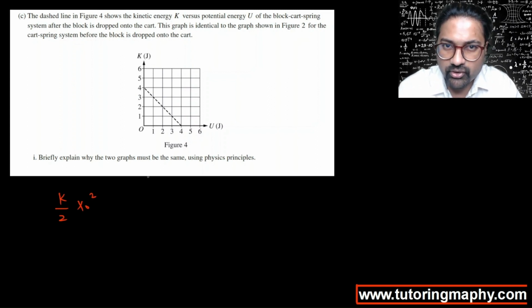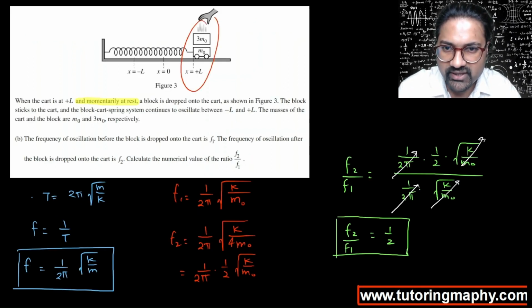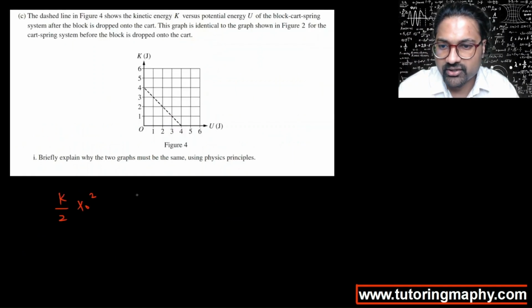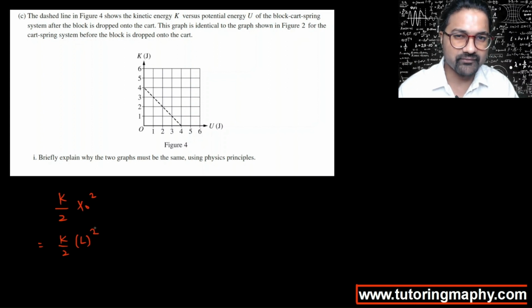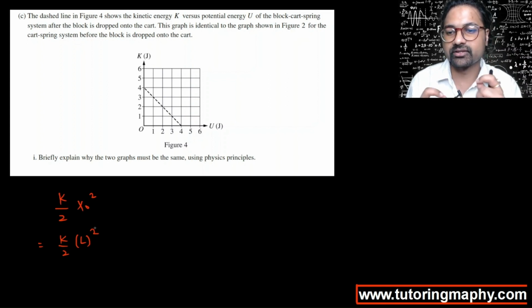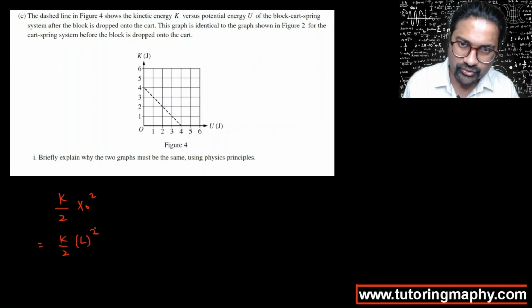And what is x naught? x naught is L, because this thing happens at x equal to L. So don't you think still after dropping, just at that instant, the total energy is K over 2 times L squared? And isn't this the same as the previous one, where the potential energy is K over 2 L squared, which has a value of 4 joules, right? So that is the reason why the total energy is still 4 joules.